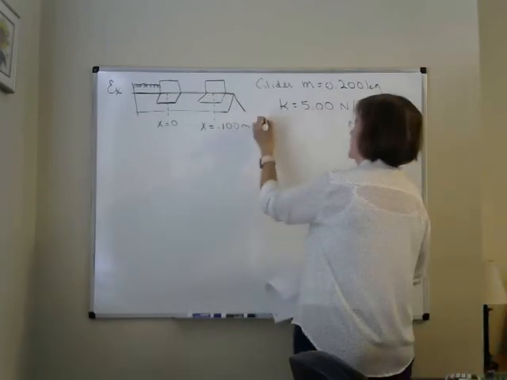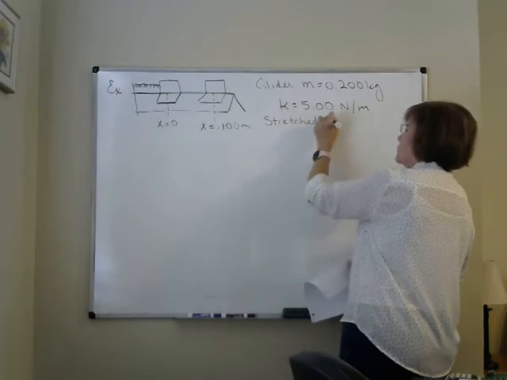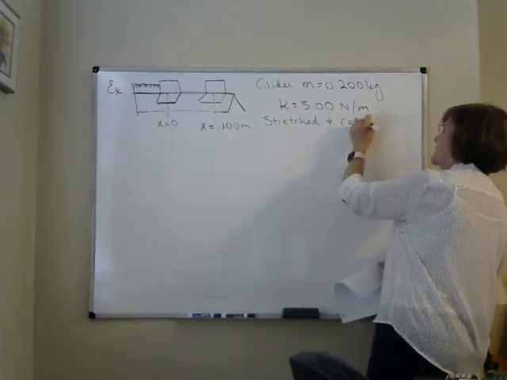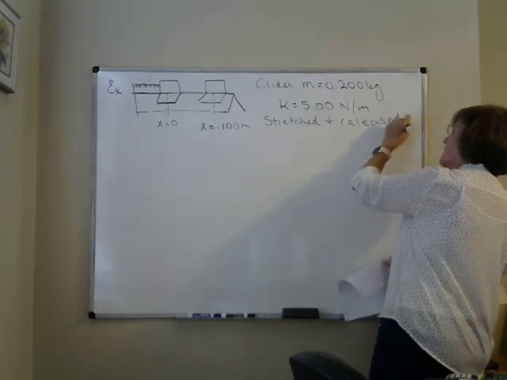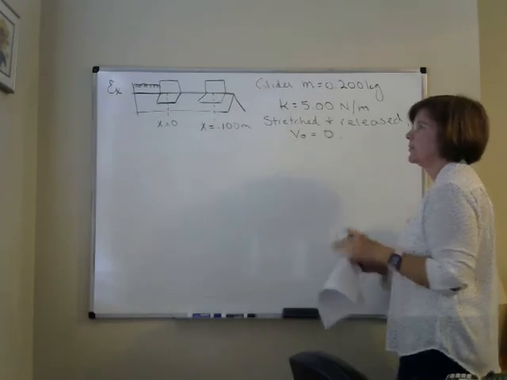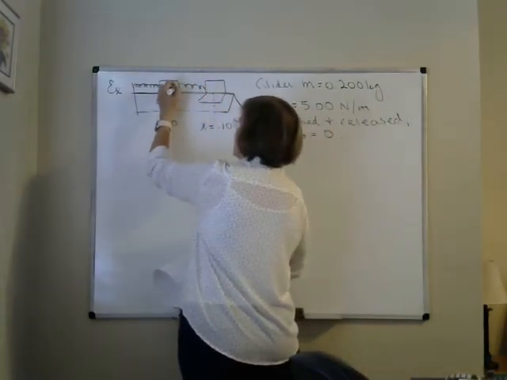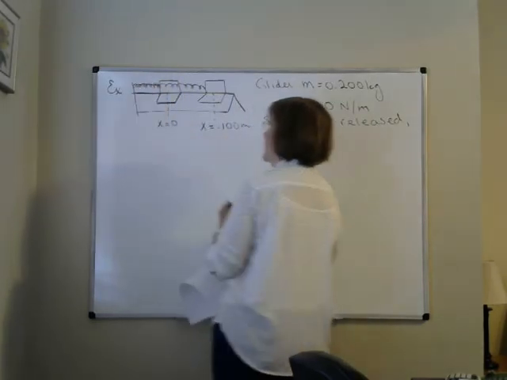So, stretched and released, the initial velocity is equal to 0. So you pull it over here, so now the spring looks like this, and you're going to let it go.